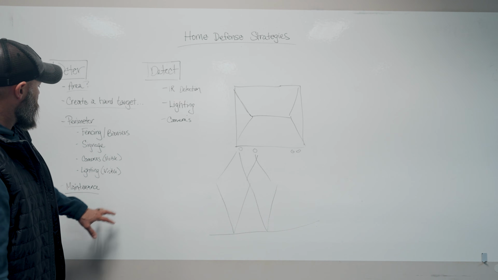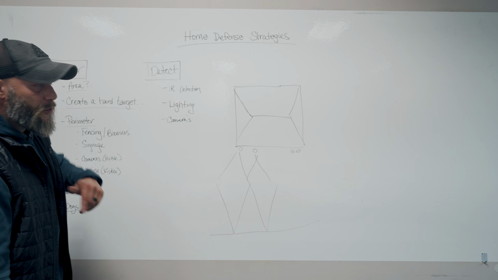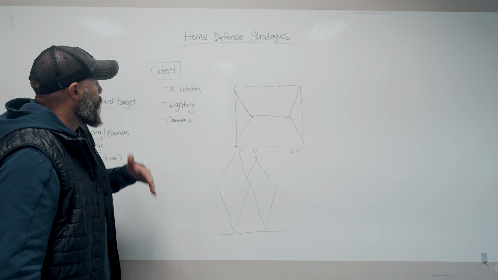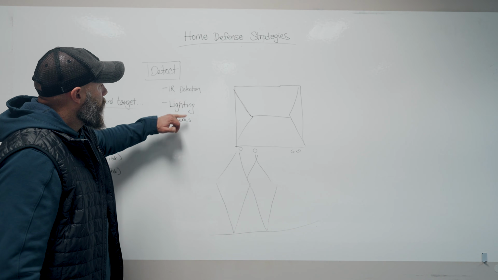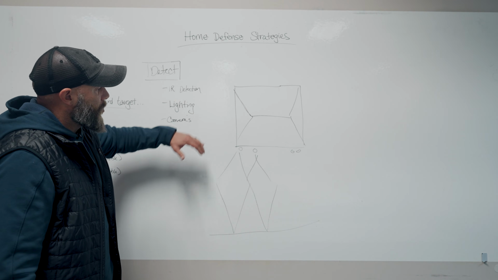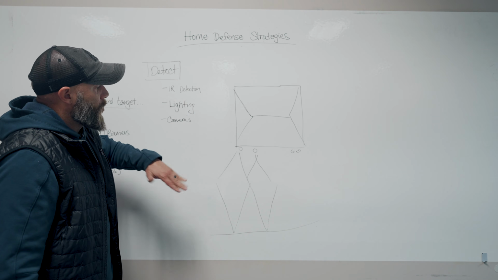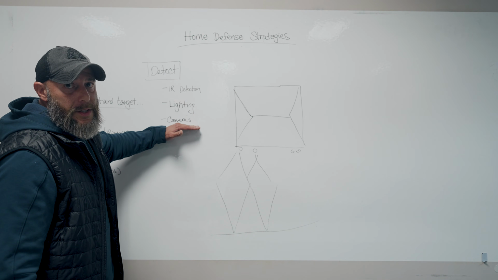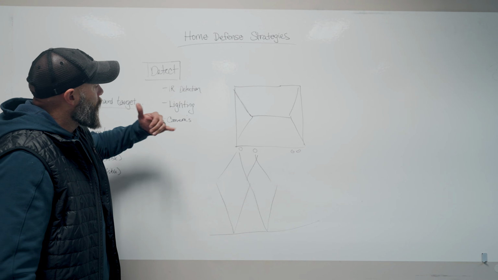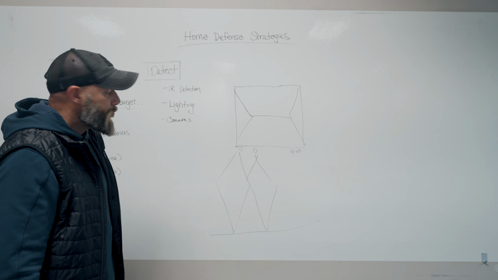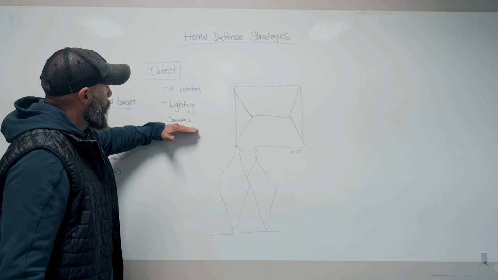The visible lights and cameras are visible to an intruder on the outside looking in. However, it's nice to also have redundancies of lighting and cameras or IR detection devices that act as tripwires to let me know that somebody's on the property that they can't necessarily see. If they can see them or reach them, they can potentially hit them, defeat them, knock them off, and interfere with them.